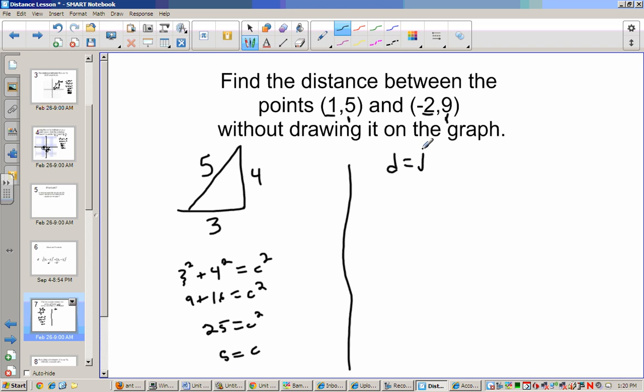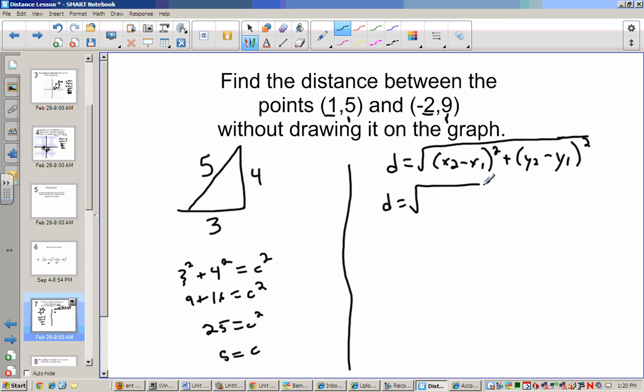Now if we use the distance formula, which some people prefer over my method, do whatever you think works best. So with the distance formula, we take x2, which is negative 2, minus 1, square it, plus y2 minus y1, and square it.